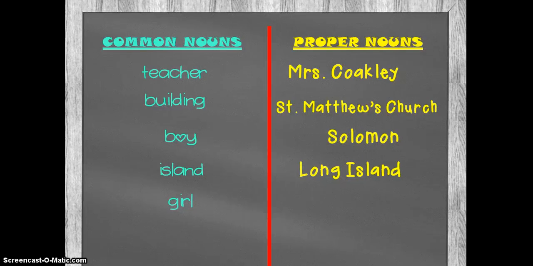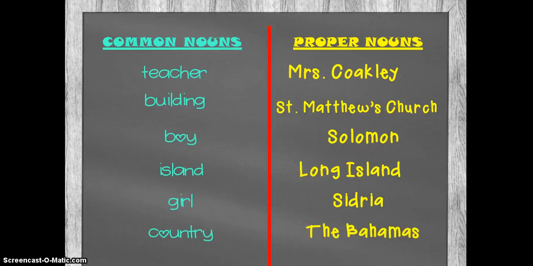All our girls are beautiful. But I'm not talking about just any of our pretty girls. Sadria. Sadria. And that's a proper noun. She's special, just like every one of our girls are. Country. There's so many countries, and if you look on the map, am I talking about any country or the Bahamas, our special country?